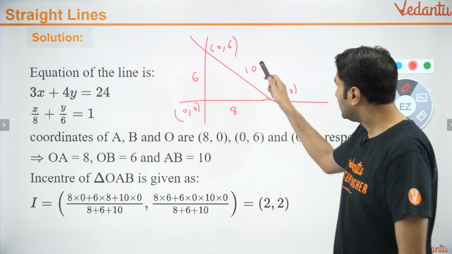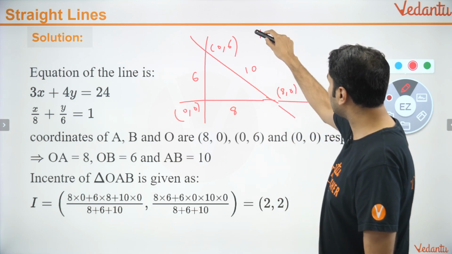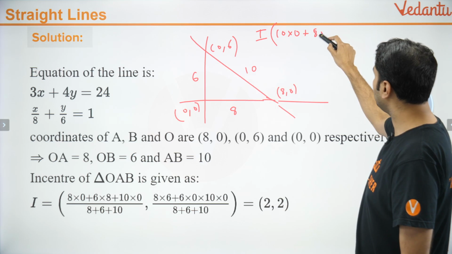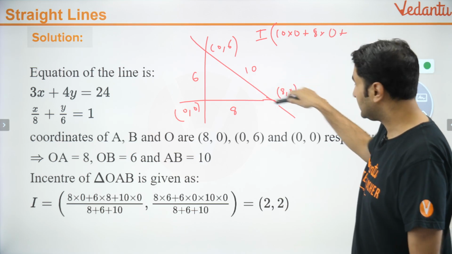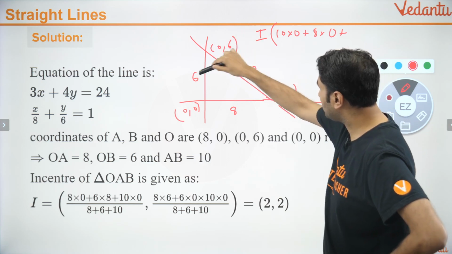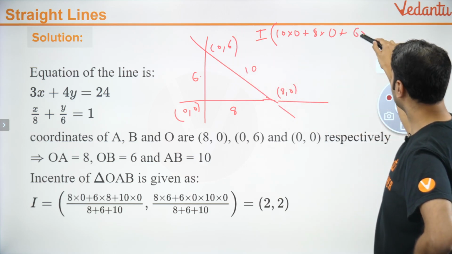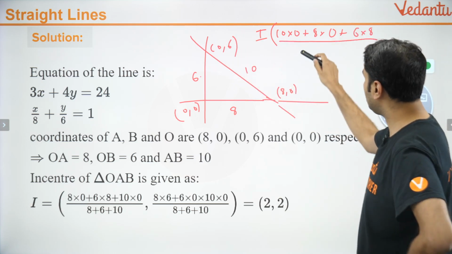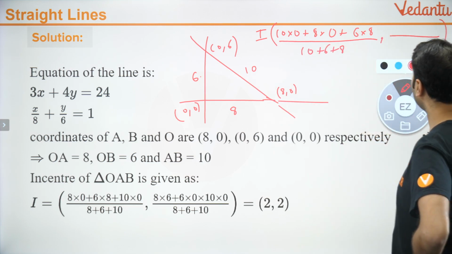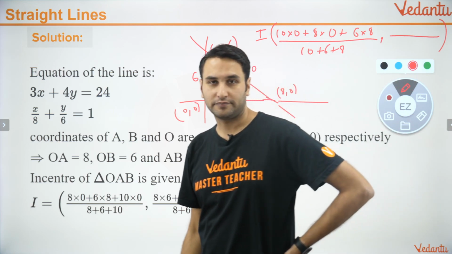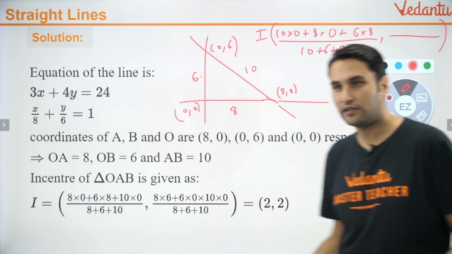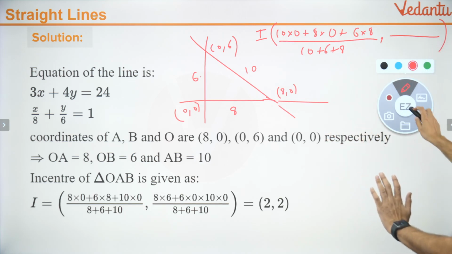Use the formula 10 into 0 plus 8 into 0 plus 6 into 8 upon a plus b plus c, that is 10 plus 6 plus 8, comma. Similarly y will also give you the answer, but you need not remember any formula. All right, you can do it this way too. Let us move ahead.